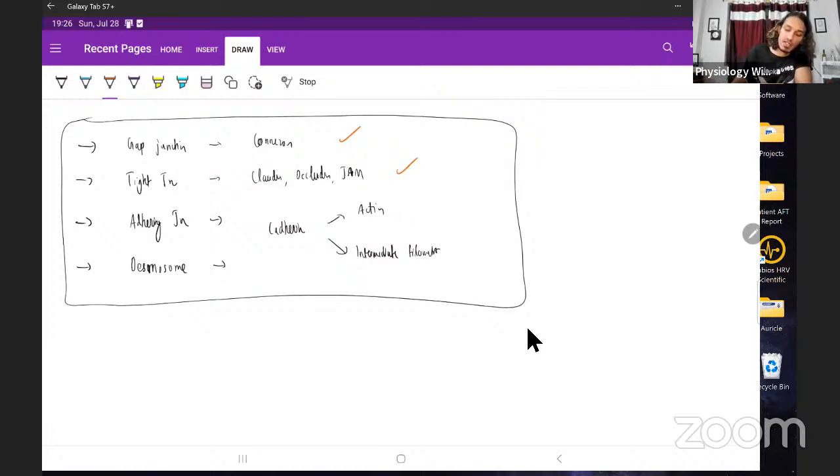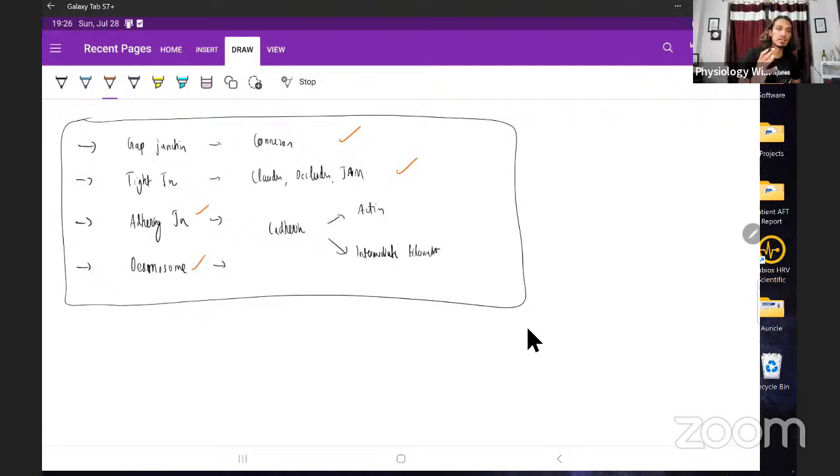Adhering junction, what it does is it adheres the epithelial monolayer to make sure that it does not break off from there. So chances of metastasis will be reduced because of adhering junctions, which make sure that the monolayer stays intact. Desmosomes prevent ripping when a shearing stress is given.